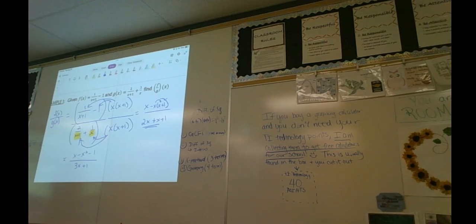Oh, I'm sorry, did you see what I missed? When I distributed my negative x, that should be a negative x. Sorry about that. Fix it, minus x. So minus x squared minus x. Now in the numerator, x and negative x cancel, and your final answer is negative x squared over 3x plus 1, done.